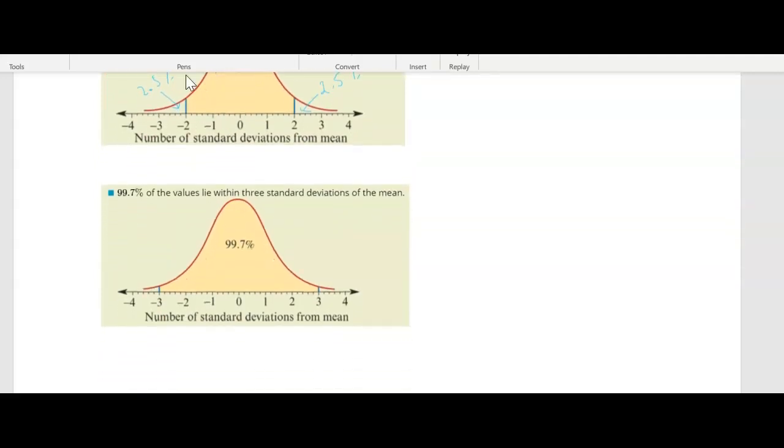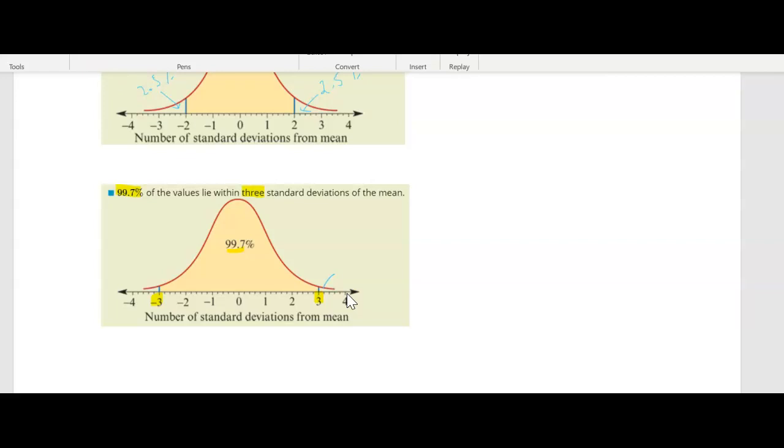99.7% is 3 standard deviations either side of the mean. So you can see we're at -3 to 3. So the majority of the population, you can never do 100%, because we are going from -infinity to infinity, but it's pretty close to 100%. And we do need to do the percentages either side.